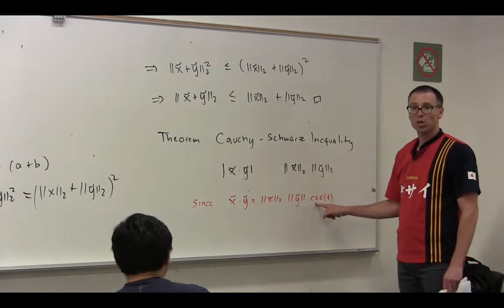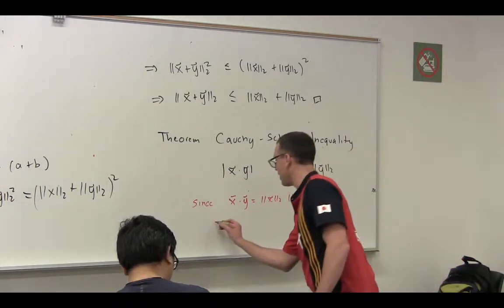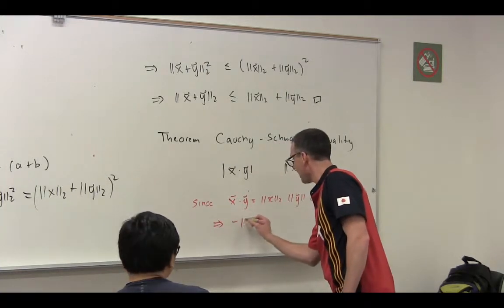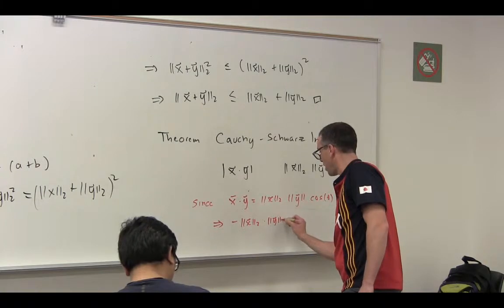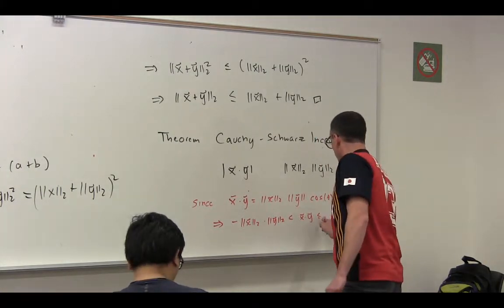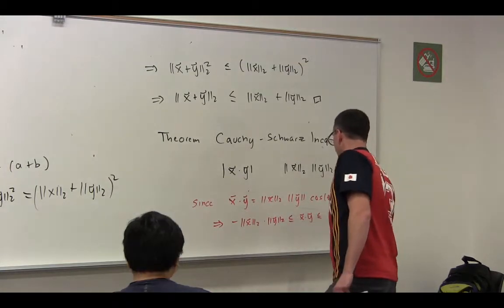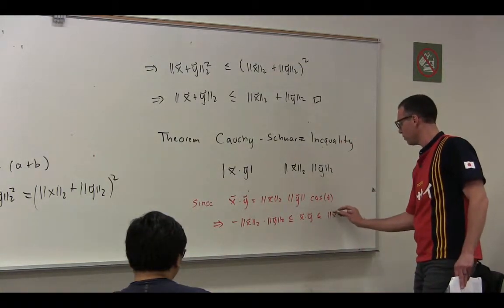What's the largest the cosine of theta will ever be? 1. This implies negative 2 norm of x times 2 norm of y bounds below x dot y. What's x inner product y bounded above by? The positive value.